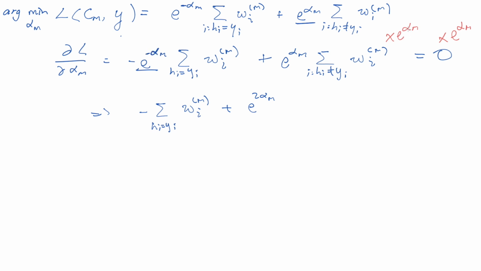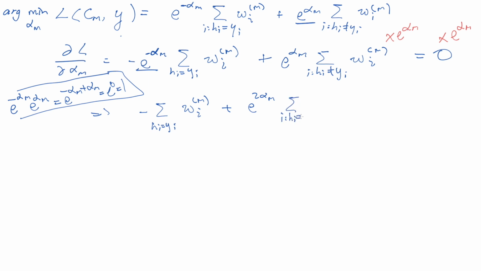When I multiply by e alpha m, what happens to this guy? Well, e to the power of negative alpha m times e to the power of alpha m is e to the power of negative alpha m plus alpha m, which is e to the power of 0, which is equal to 1. So the first summation loses its exponential term. The second summation gets alpha m plus alpha m, so it gets 2 alpha m, for hi not equal to yi, equals 0. And when I multiply 0 by e to the power of alpha m, it's just 0. So that's why I can multiply both sides.